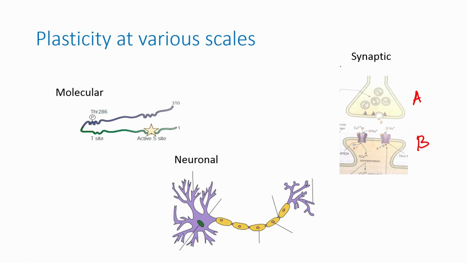Not to say that the network does not play a role, but even those network level phenomena could in some way be directed to one of these three levels, neuronal, synaptic or molecular levels, and that is the line that we are going to take in this lecture at least.